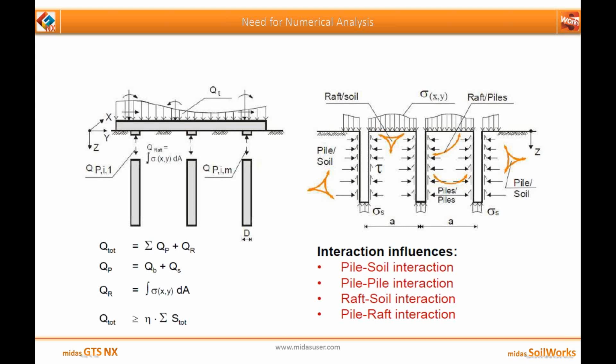The analysis which can consider all these kinds of interaction will give us more accurate results, and avoiding any one kind of interaction leads to approximation and hence inaccurate results. That is why one is required to go for numerical analysis whenever we deal with the pile raft foundation.